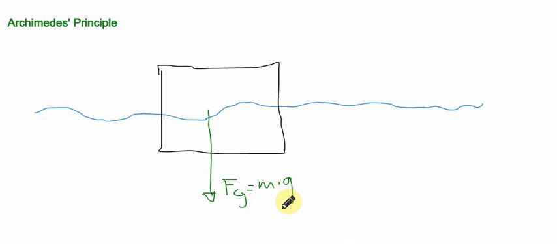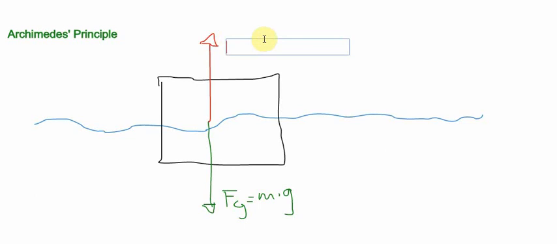But if we only had the Fg vector, that would mean the box continues sinking to the bottom of the ocean, but that's not the case. The box is floating, so there has to be an upward force that's keeping this balanced. And this is actually the buoyancy force.